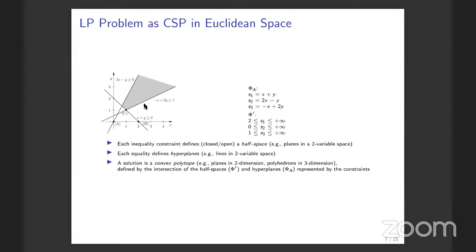Minus x plus 2y is S3. 2x minus y is S2. No, it violates S1 and S3, correct? Yes, it violates S1 and S3. S1 is the line x plus y, this one. Here, I hope you can see my cursor.